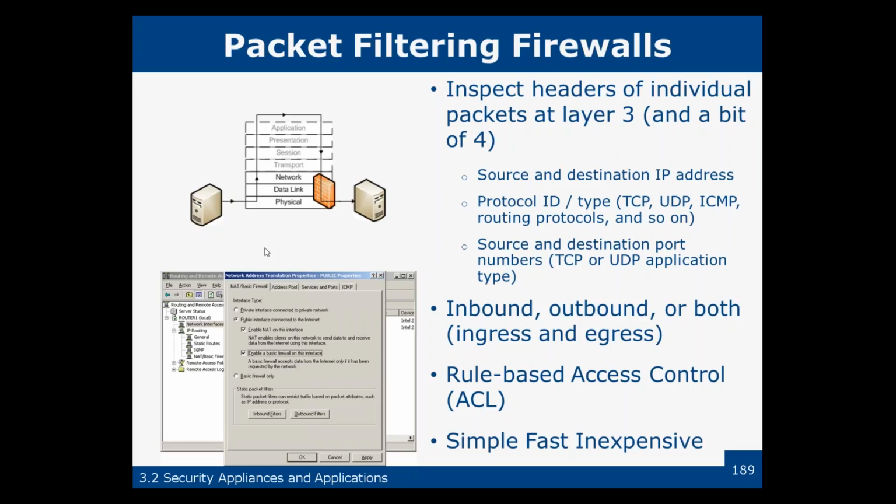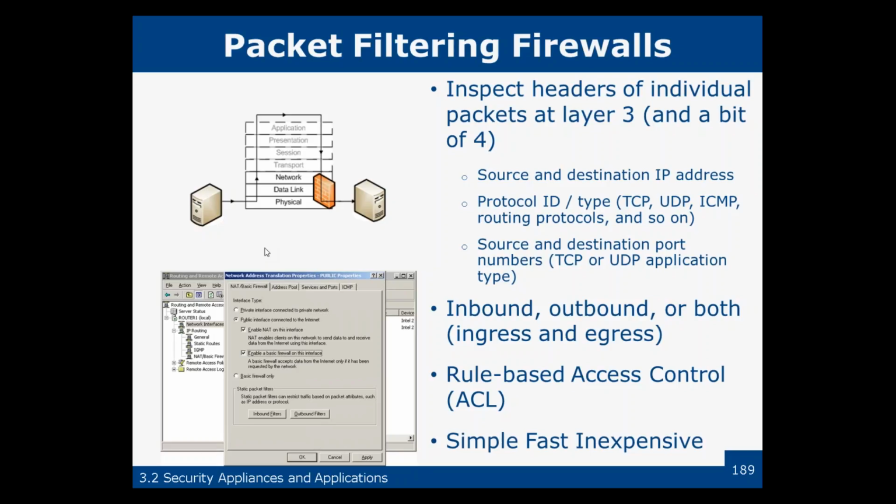Source and destination port can be done. We can filter on it depending on the type. And we can look at inbound and outbound traffic or both. The terms you may see for those are ingress and egress. They're rule-based access control lists.